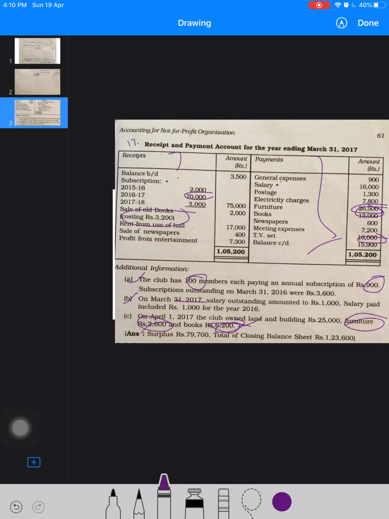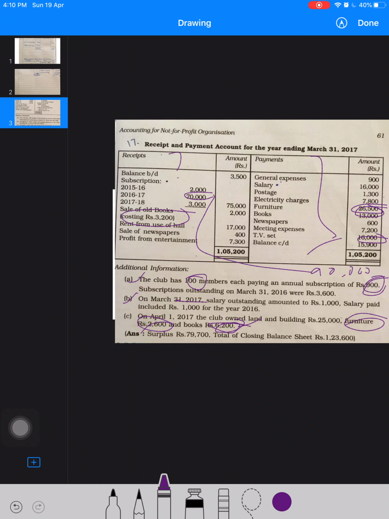Subscription, if you see here, 90,000, we have to do subscription here. I told you that the real amount 90,000 will be coming in your income and expenditure account irrespective of whether you have received that amount or not. Out of 90,000 you just received 70,000 only, so that means there is 20,000 yet to receive.